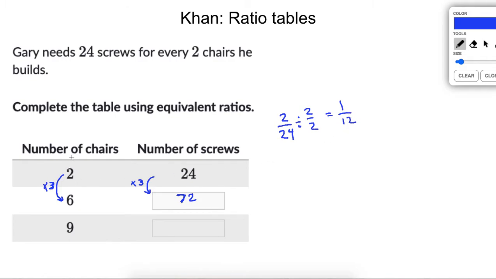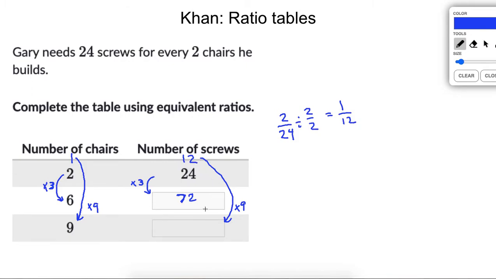Now that one we could do. We could actually put that ratio up here, 1 to 12. And then we ask, what do we multiply 1 by to get to 9? That is just multiplying by 9, isn't it? Then we're going to end up with 12 times 9 to fill in that one. 9 times 10 is 90, and 9 times 2 is 18.